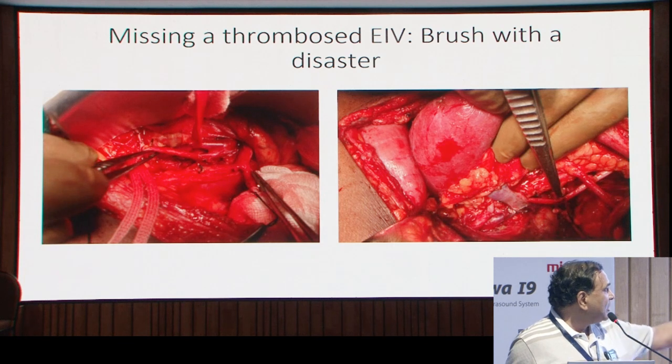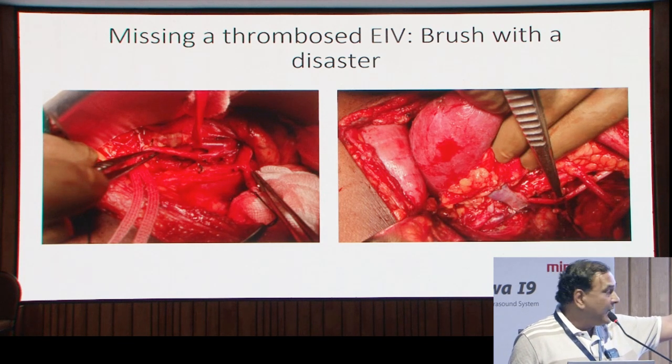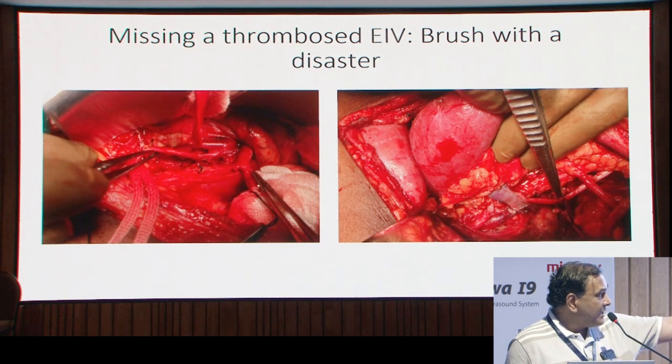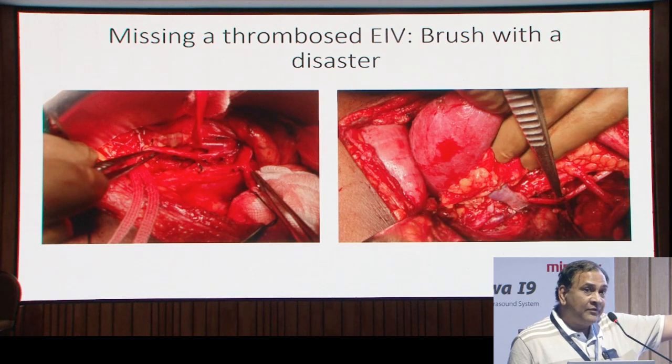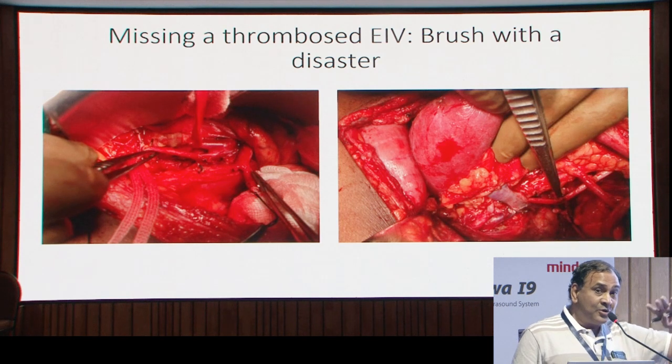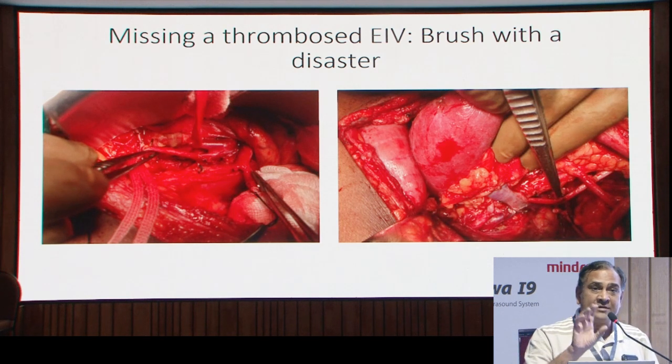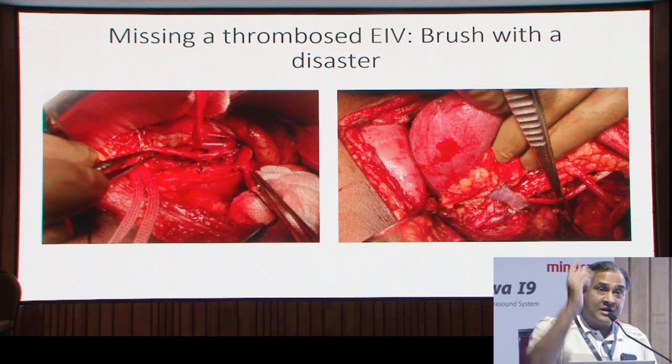But because of that distended internal iliac vein, we anastomosed the renal vein to the side of the internal iliac vein, not to the external iliac vein, to which we always anastomose the renal vein.